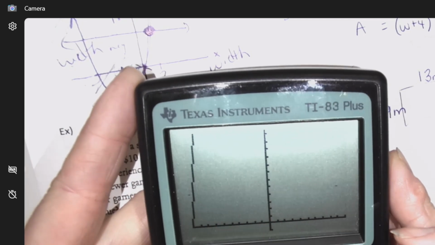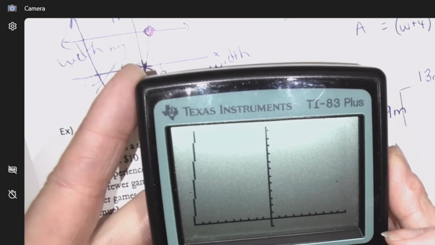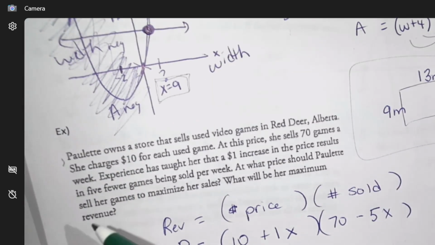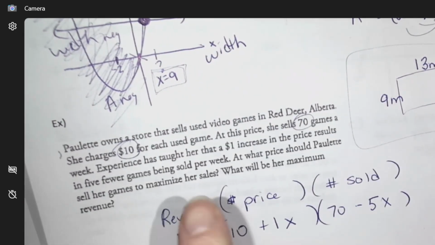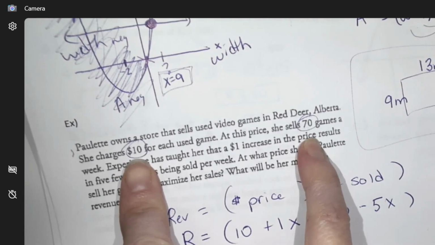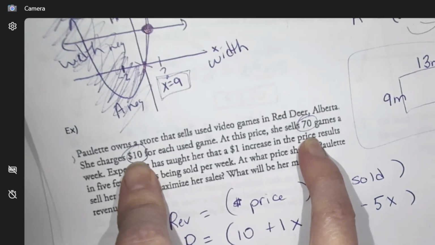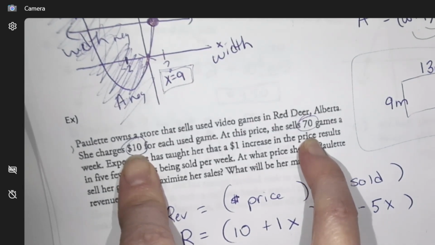This is what my screen looks like right now. I don't have much on there. So we're going to need to see more. Do you know how much money she would make right away? $10, 70 games. What is that amount? That's $700.